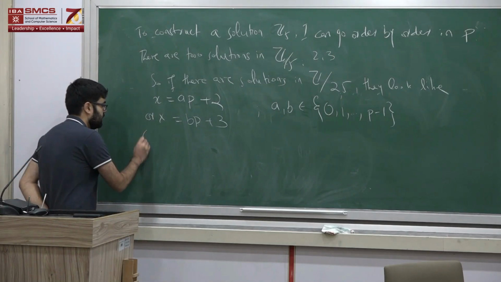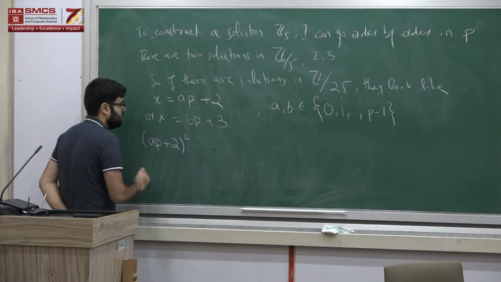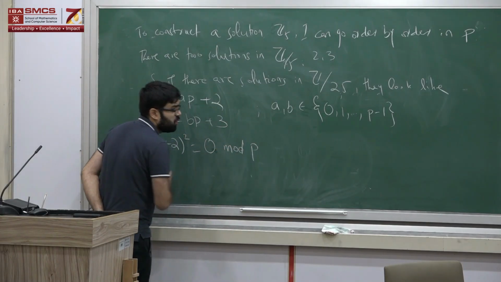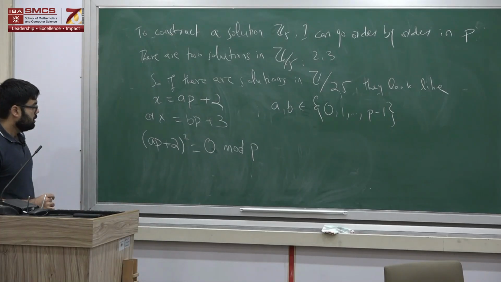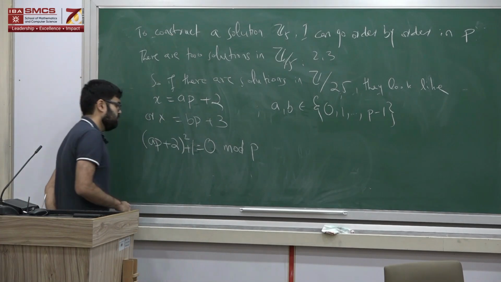What I want is (a times p plus 2) squared plus 1 is 0 mod p squared. Yes, thank you, that plus 1 is very important.